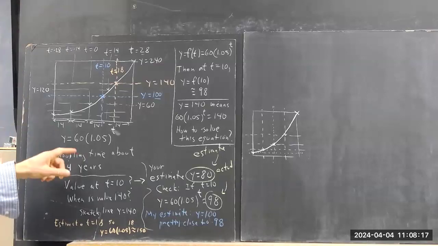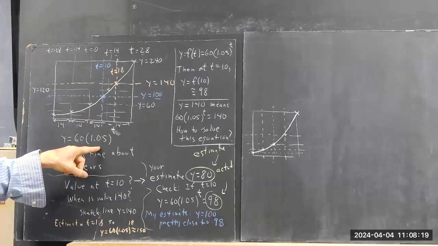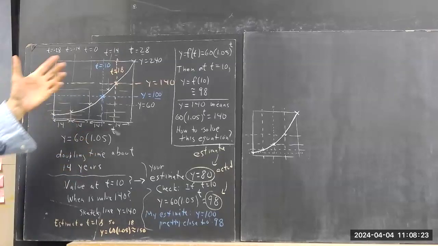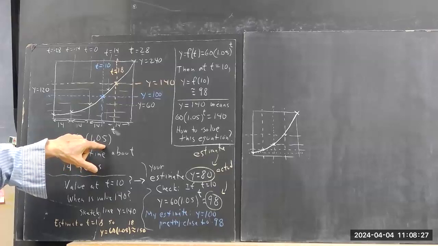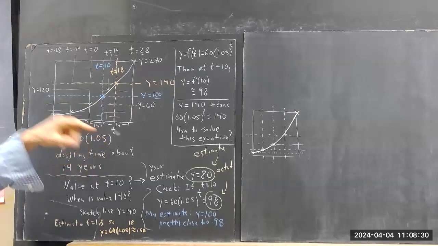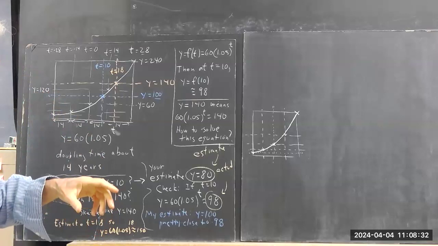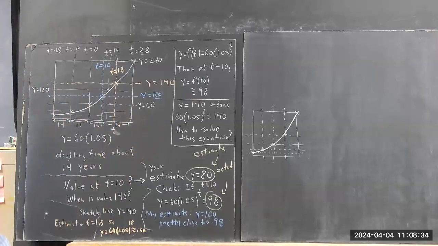And then knowing that this doubles in about 14, okay, okay. The 5 is 5%. The 1.05 is what we multiply a number by to increase it by 5%.